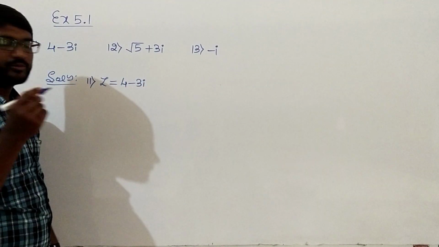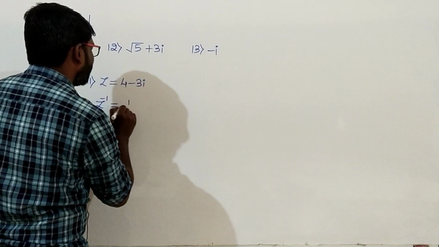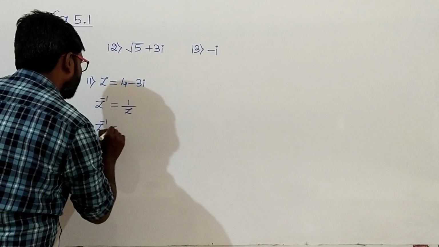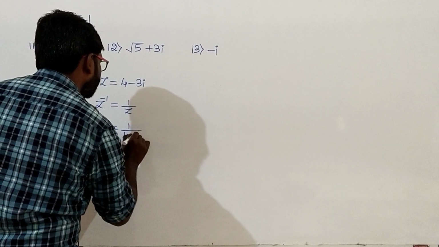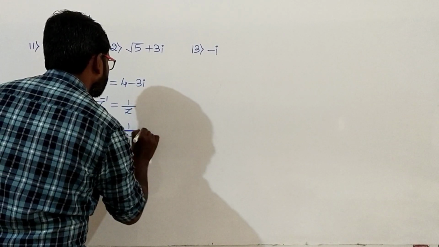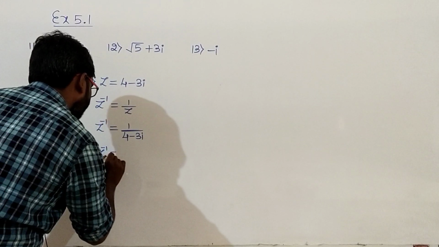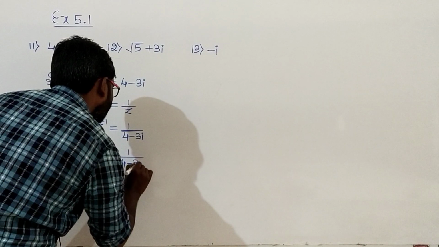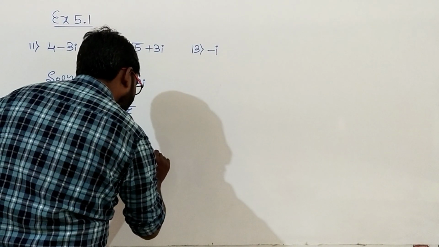Then we have to go for z inverse, which is equals to 1 by z. So z inverse is 1 divided by 4 minus 3i, then multiply and divide by 4 plus 3i.